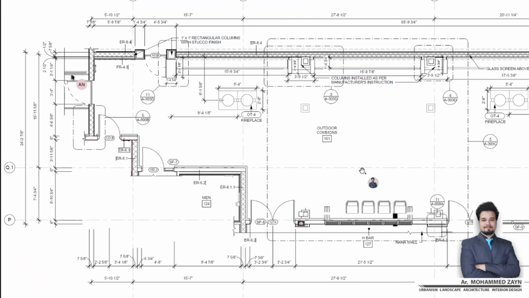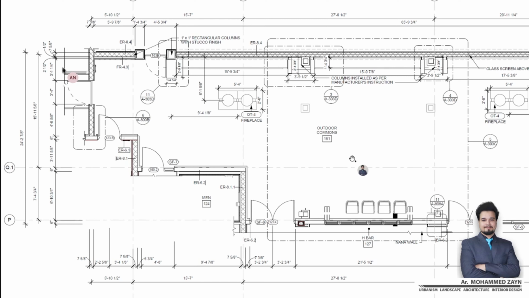Yeah. So in here you can see each and every dimensioning that has been done. When you are constructing a building, you require the thickness of the layers of the wall that are going to come in, the grid to grid dimensions, and the overall dimensions. So these are the three levels of dimensioning that we do when we are making a construction plan.